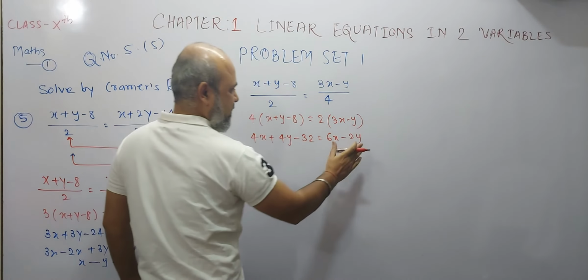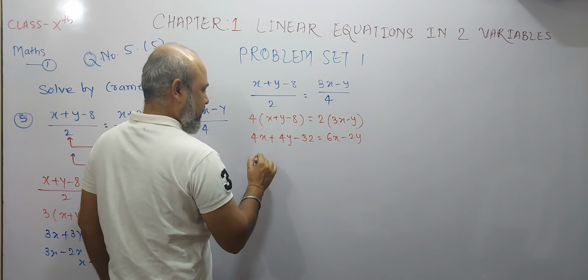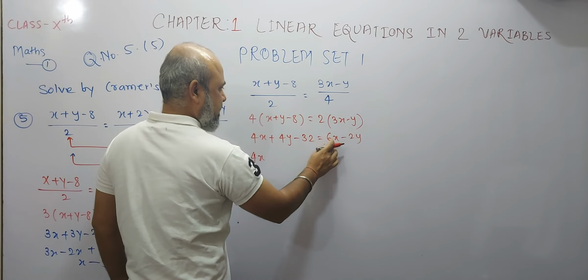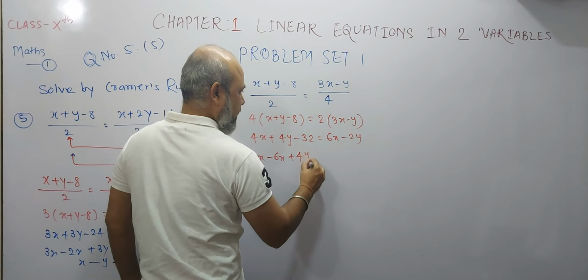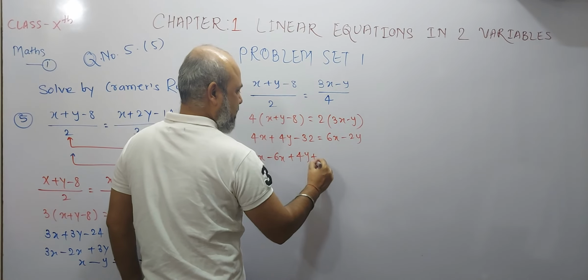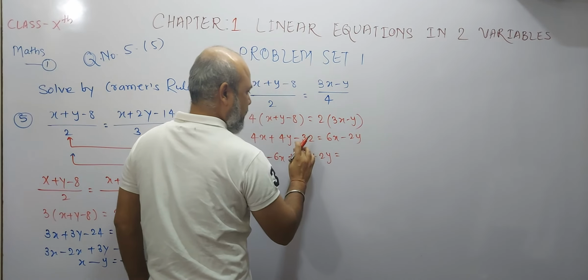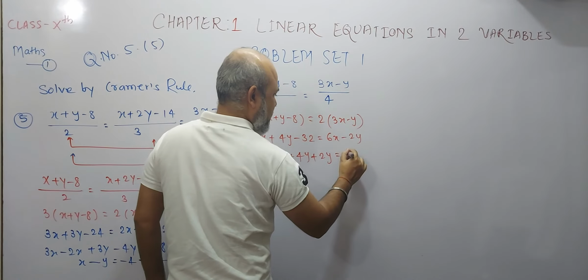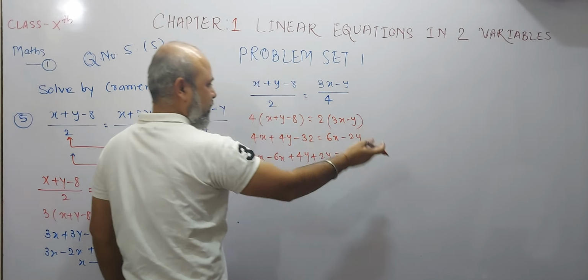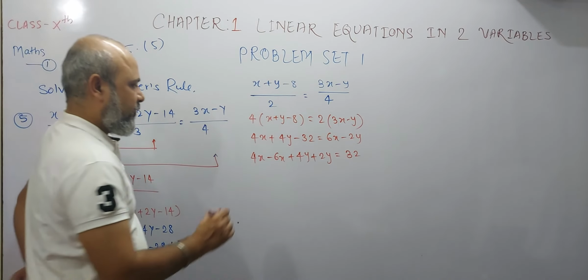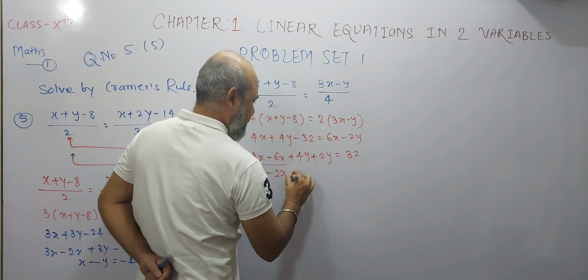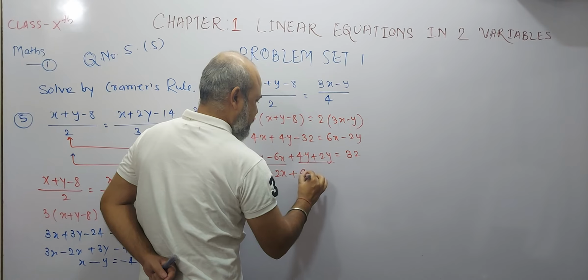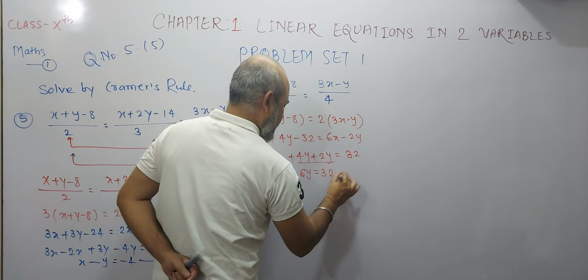Again you will transfer the variables to the left hand side, so you will get 4x, and 6x becomes minus 6x, plus 4y, and minus 2y becomes plus 2y, and minus 32 becomes plus 32 on the right hand side. So this will be -2x + 6y = 32.